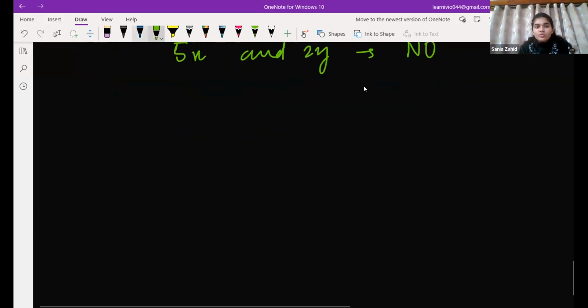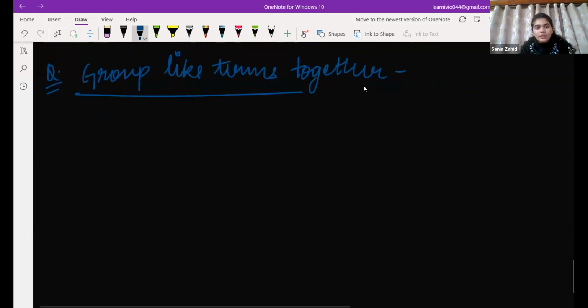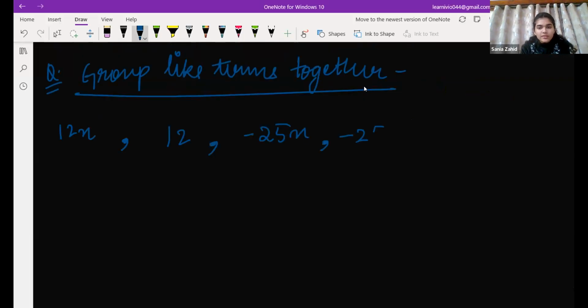I'll give you one question where you have to group the like and unlike terms. You have to group the like terms together. 12x, minus 25x, minus 25y, 1x, 12y and y.